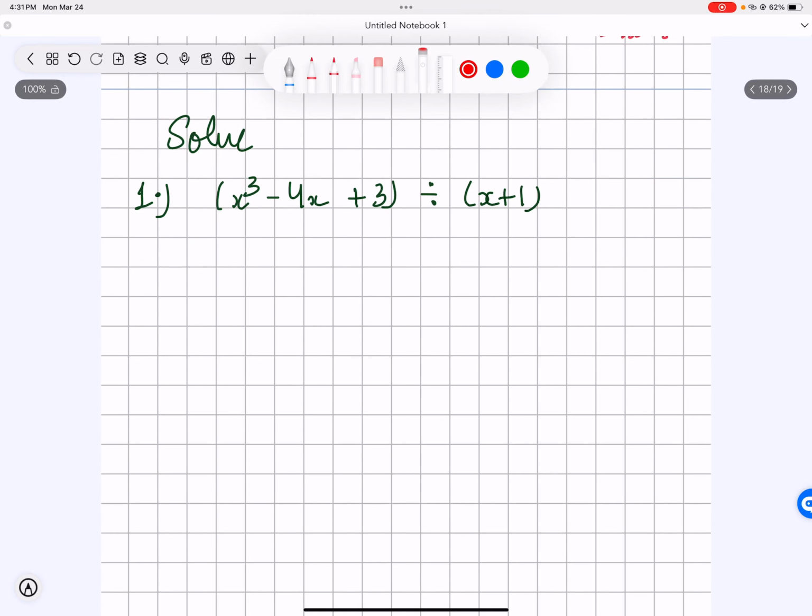Now I'll try to show how to solve the next two examples. So here I have x plus 1 divided by x cubed plus minus 4x plus 3. So here we have x cubed.